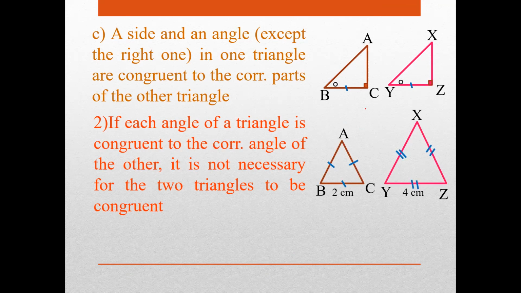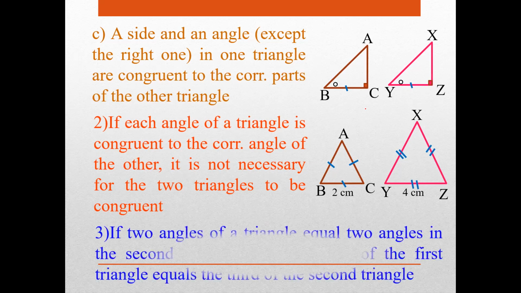If each angle of a triangle is congruent to the corresponding angle of the other, it's not necessary for the two triangles to be congruent. We have a case with three sides: if three sides in the first triangle are congruent to the corresponding parts of the other triangle, the triangles are congruent.